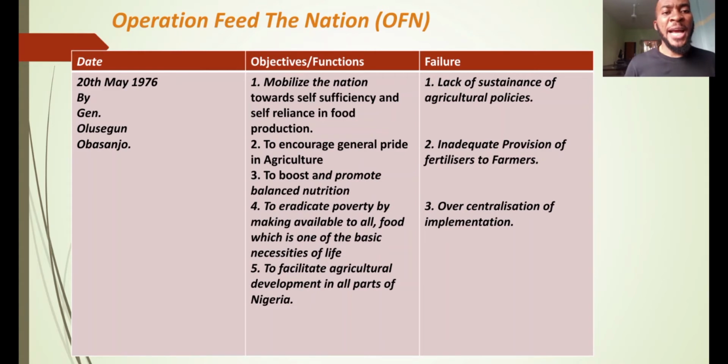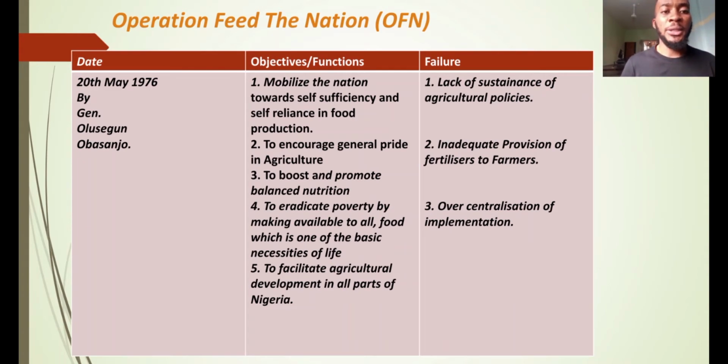So in aspect of food production, one of the objectives of OFN is to make sure that food production is being carried out in Nigeria without the support or help of any foreign country. That is, it is a duty to grow the food production in Nigeria. Number 2, to encourage general pride in agriculture. When you have pride in something, it makes you feel good.